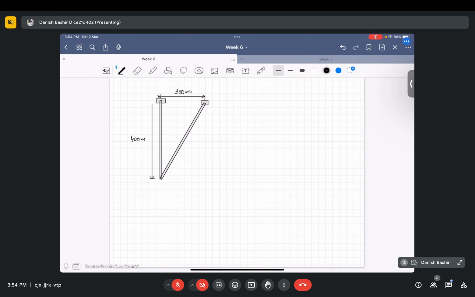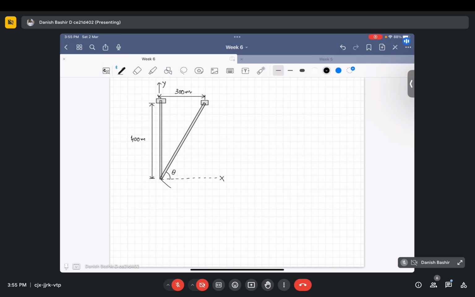What else is given? This is inclined to the horizontal by an angle theta, and this is the global x coordinate system and this is the global y coordinate system. Sorry, this is not 45, this is theta only; you can easily get the angle.